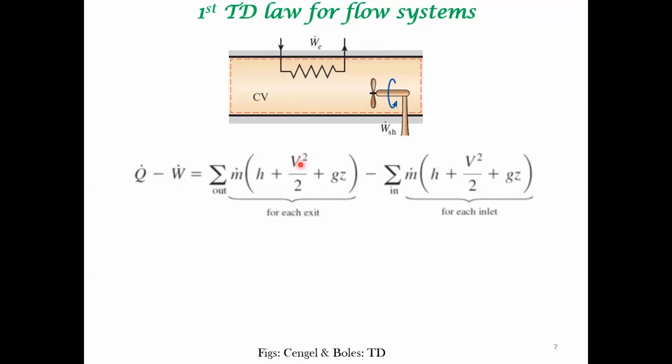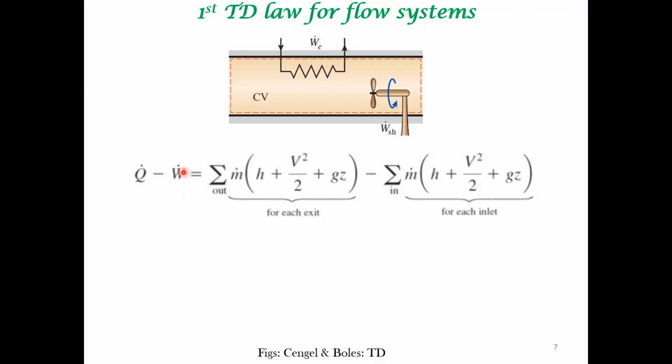So let's understand one particular term, this work term. What do these terms involve? For things that are operating at steady state, there is no boundary work, as I already mentioned. The flow work is already incorporated within enthalpy. So what does this term really involve?